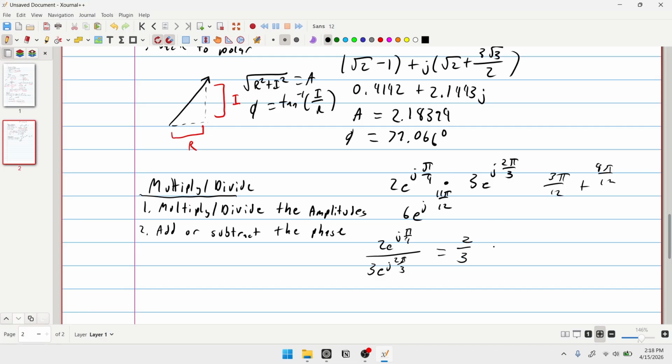And then we need to subtract our phases. Let me not write this in polar because that would take some calculations. Negative 5π over 12. And that would be the result of our division.